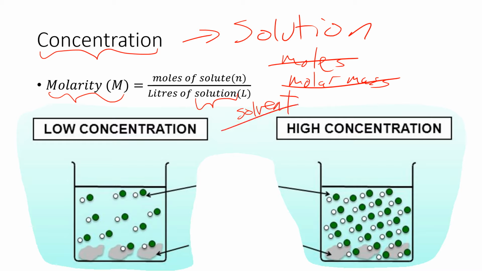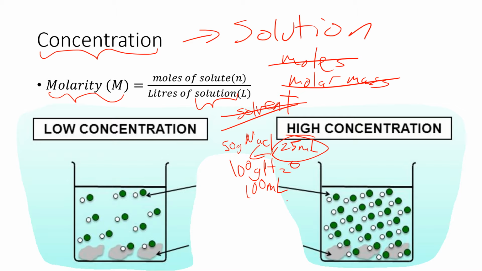Okay, not solvent. So if a question asks, 50 grams of NaCl, that takes up 25 milliliters of volume, and 100 grams of water are mixed together, what's the molarity? To find the liters of solution, it's the 25 milliliters plus the 100 milliliters, because 1 gram of water takes up 1 milliliter of volume.